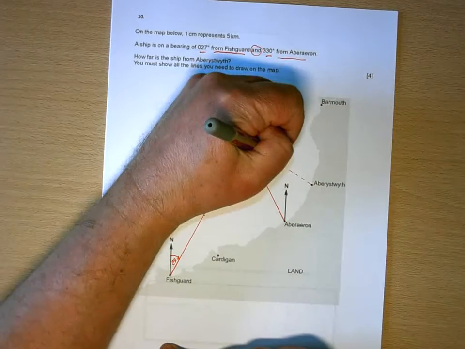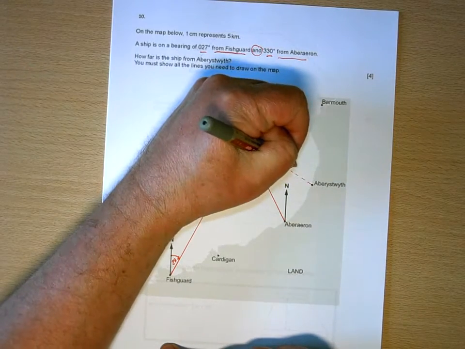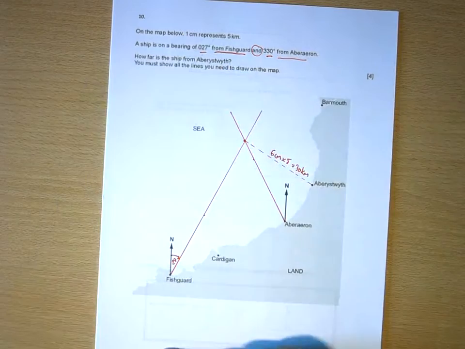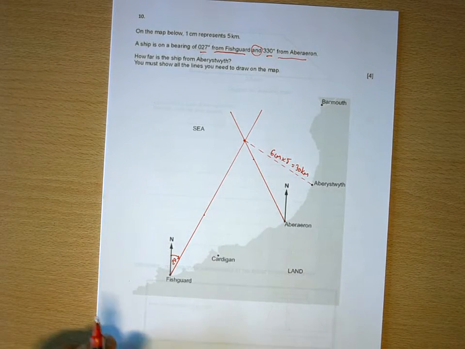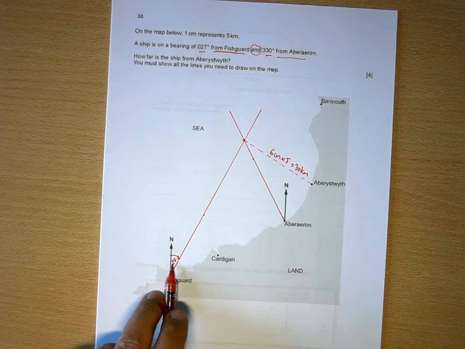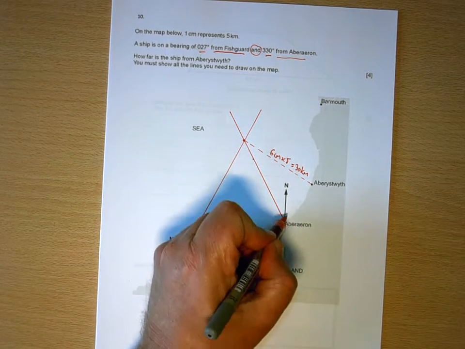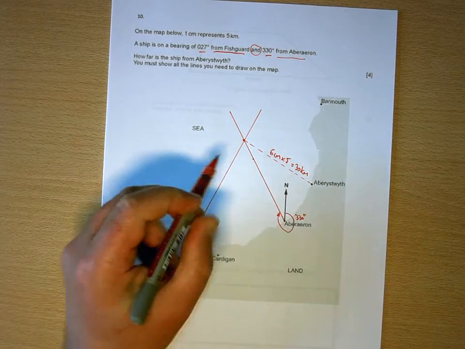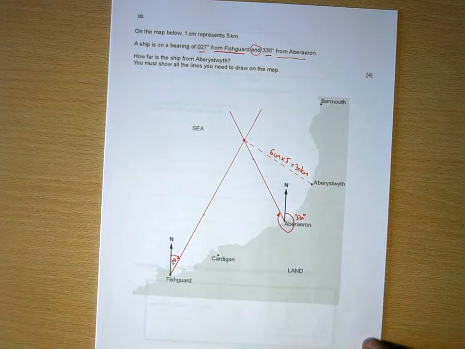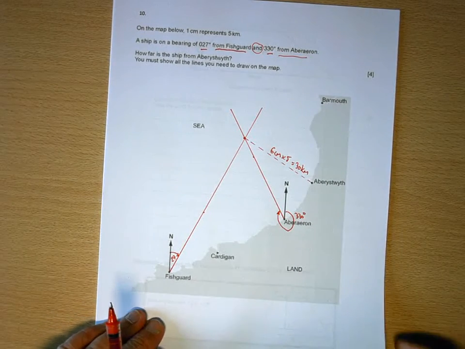So 6 centimeters times 5, every centimeter is 5 kilometers, will be 30 kilometers. So for that one, you've got 1 mark for the 27, 1 mark for the 330, 1 mark for measuring the 6 centimeters, and the final mark for turning it into kilometers.